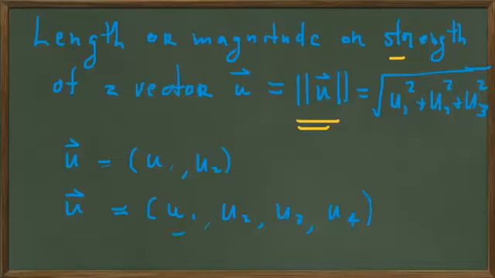So this might be the X coordinate, Y coordinate, Z coordinate, and U4 might be the time of the vector, or the energy, or something like that. If we had a vector of this type, we would have to generalize this definition to square U1, U2, U3, and U4. So on the next blackboard, let's actually calculate the length of a couple of vectors.